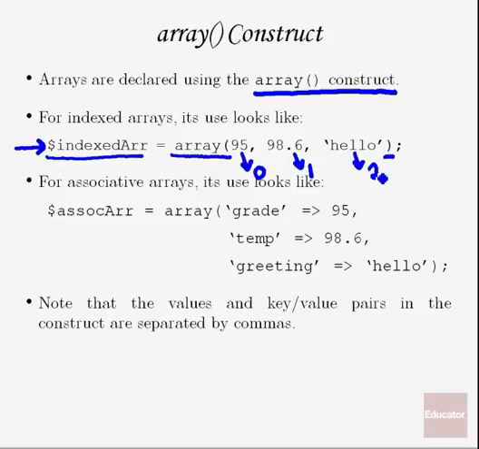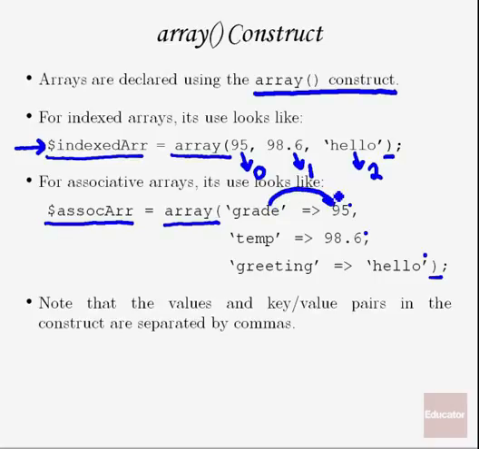Now, to define associative arrays, we use a similar syntax. We have the variable name, we have the array construct with the parentheses, and we have, again, a comma delimited list of values, but instead of just values, they're actually key value pairs. So we have the same data, 95, 98.6, and hello, and instead of using the default numeric keys that get associated with it, we're actually naming the key we want to associate with each piece of data.